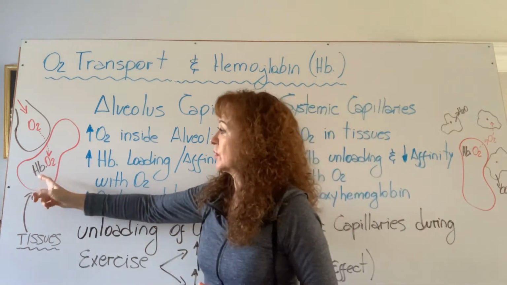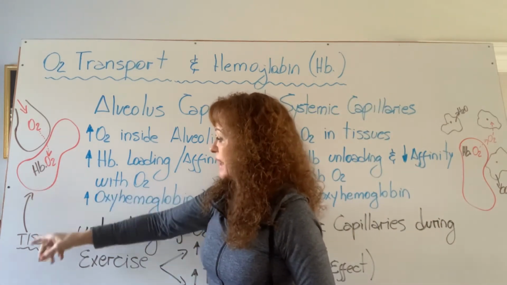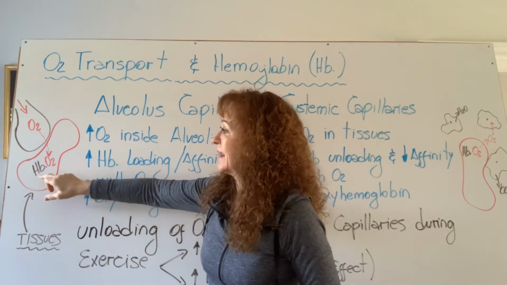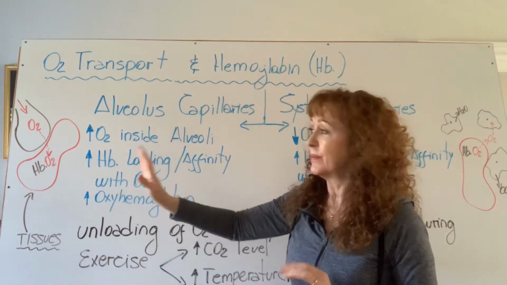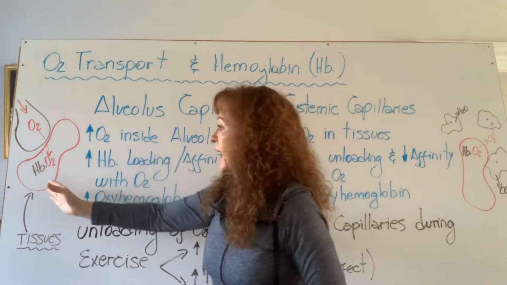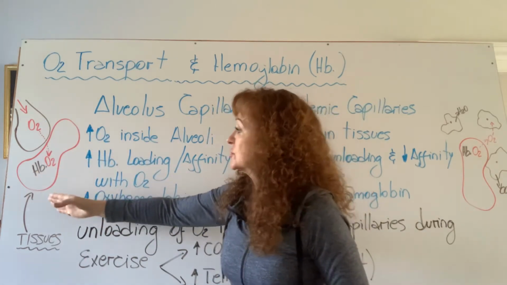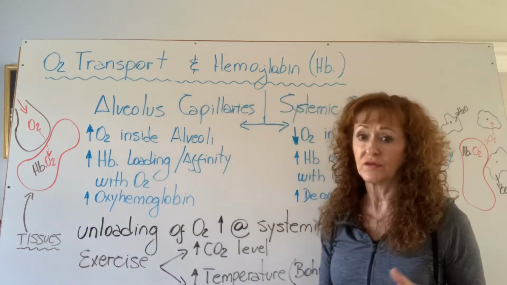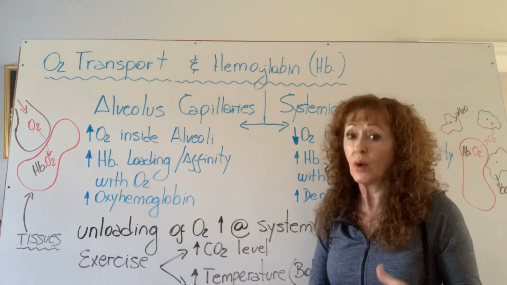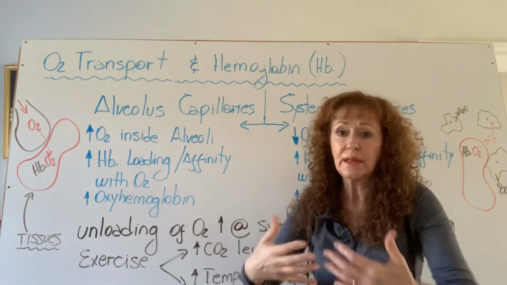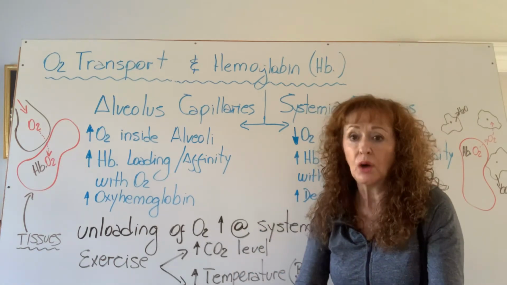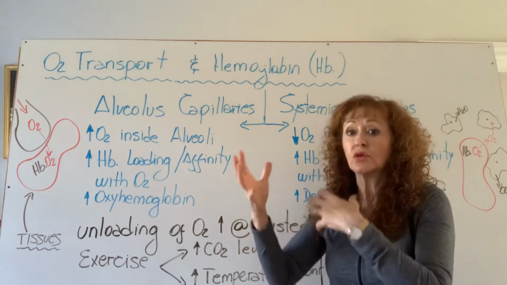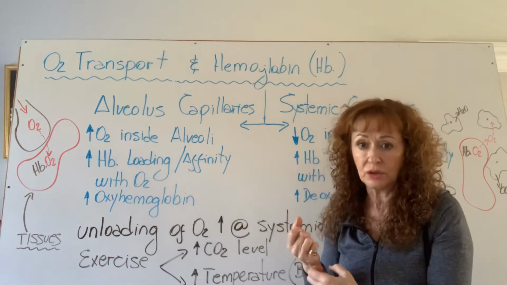And this hemoglobin, the one that is coming from the tissues, is inside the capillary at the alveoli. Remember, we are at the alveoli capillaries. So this erythrocyte is coming from the tissues, from the systemic capillaries, where they dump all the possible oxygen in all the tissues, and getting back into the lungs to recharge again with oxygen.